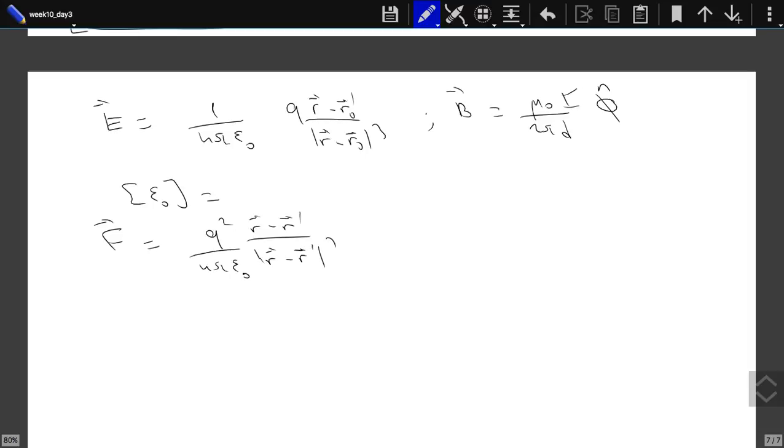Well, unit-wise, the unit of epsilon 0 should be Coulomb squared divided by meter squared times Newton. This is our unit of epsilon 0.